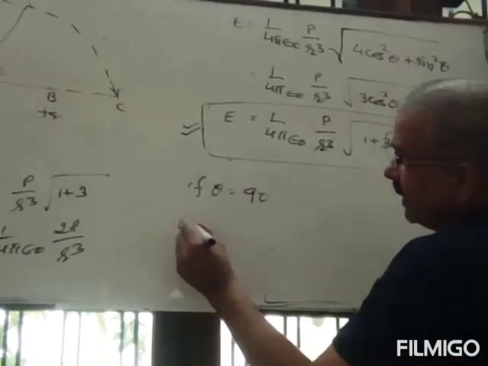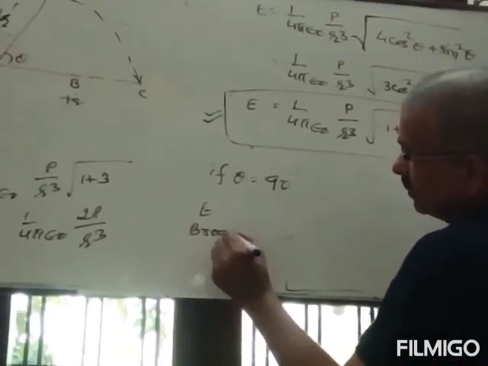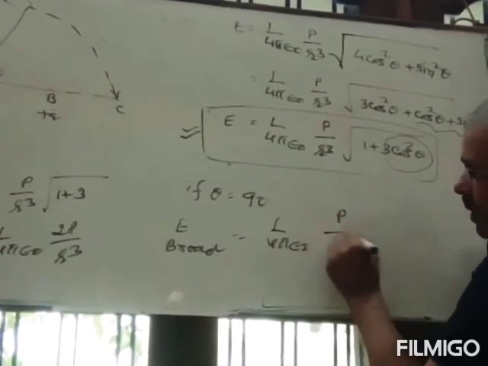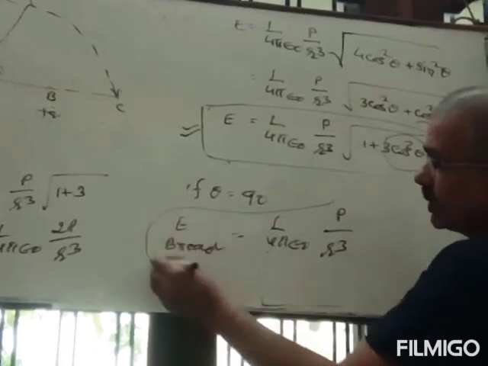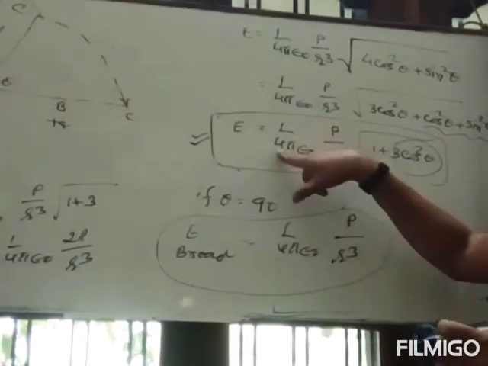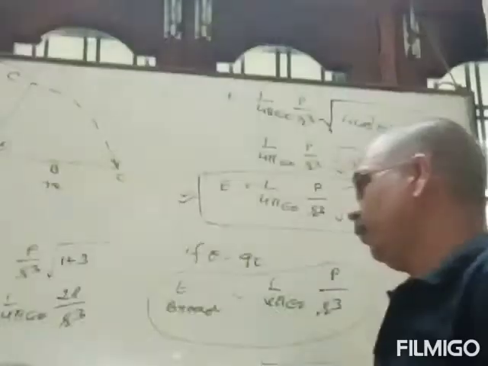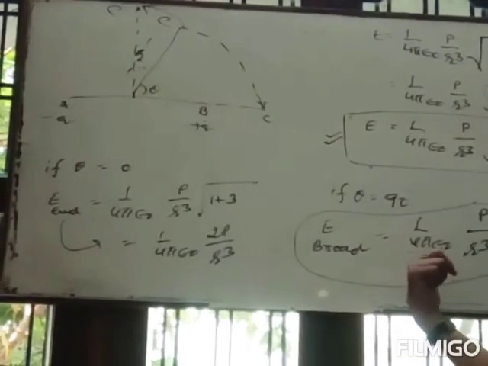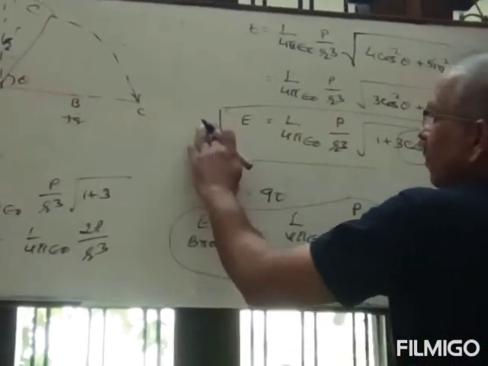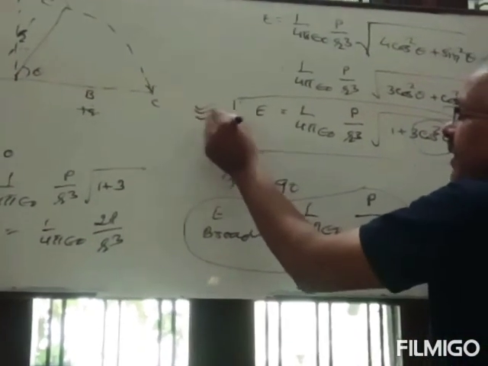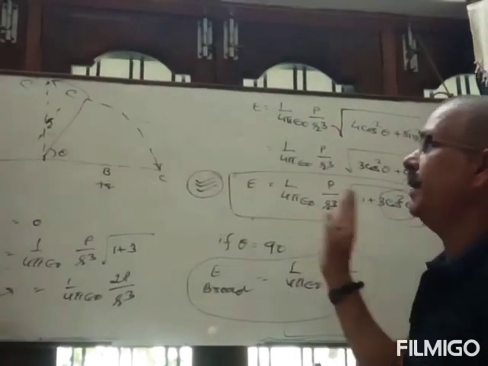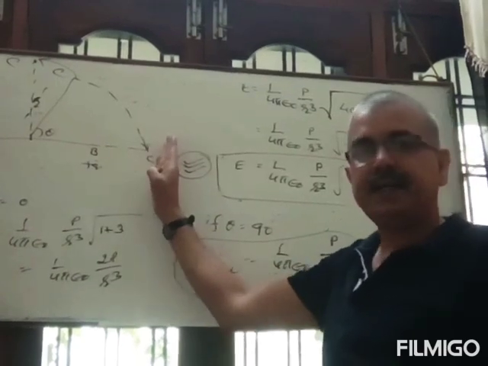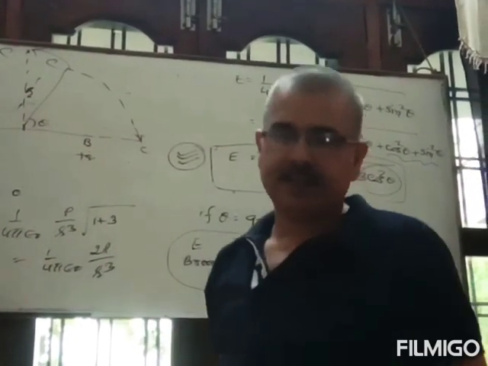So you will get the electric field intensity as 1 by 4 pi epsilon 0, P by R cube, which is the result of broadside position. It means by using this formula or this method we can get the electric field intensity in end-on position as well as in broadside position. So it is a very good result. By this result you can get the electric field intensity at any point due to an electric dipole, whether it is 0 degrees or 90 degrees or any angle. So thank you.